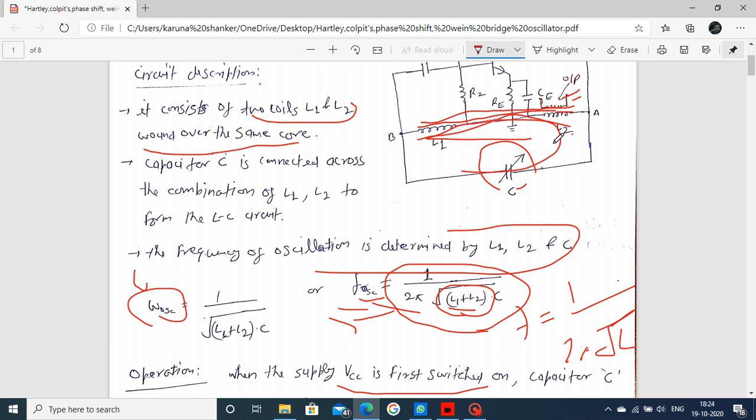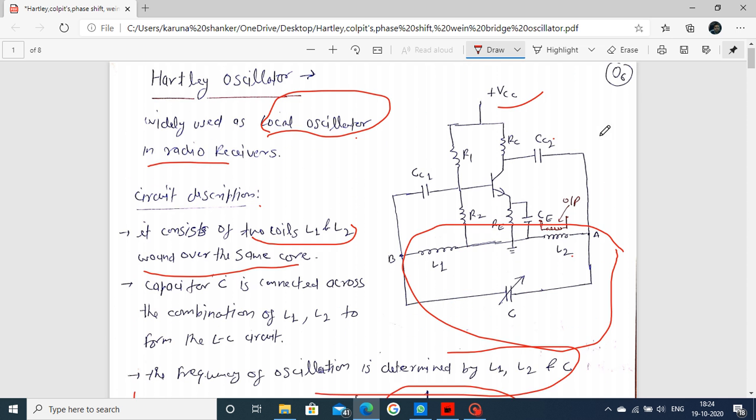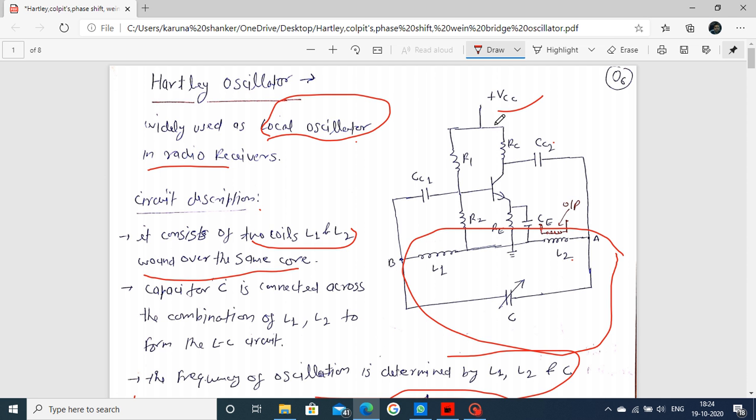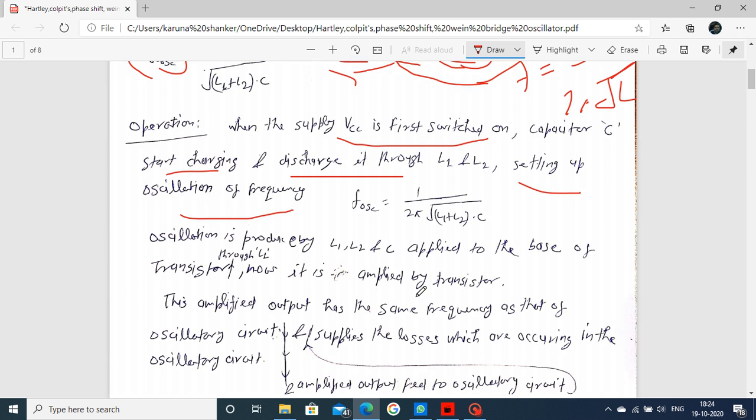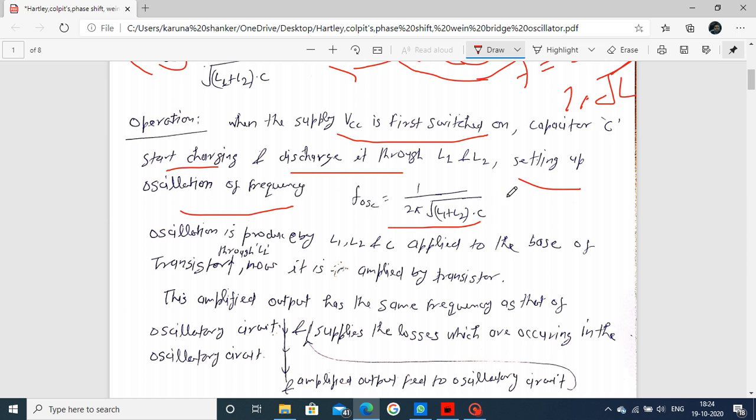This works as an oscillatory circuit, a combination of L and C. When switched on, the capacitor across the supply voltage starts charging. After charging, an electrostatic field is stored here. Now this is converted to a magnetostatic field, as L1 and L2 store it. When the capacitor is charged, the discharge path is through L1 and L2, and it charges again through this capacitor, so an alternating process goes on. That's why a particular frequency of oscillation is set up by this relation.